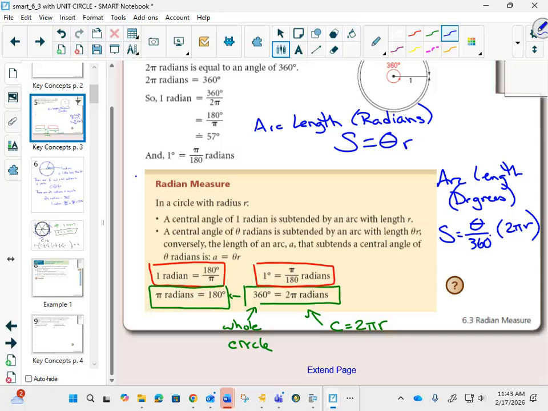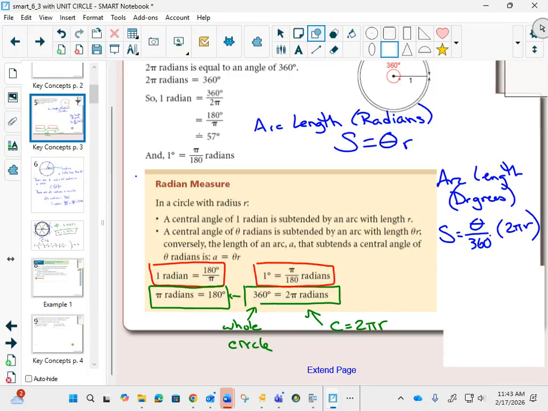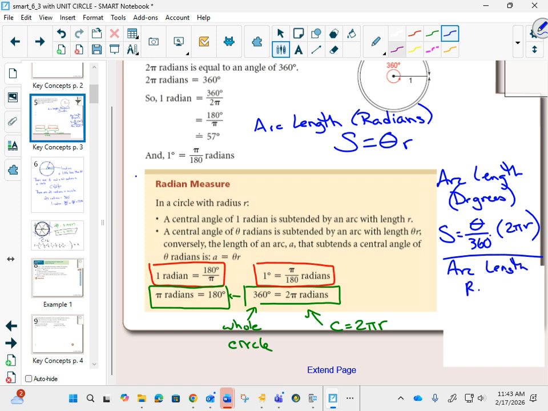And now I can take that formula and change it to radians. It's the same idea, but instead of using 360 degrees, 360 degrees is equal to 2 pi radians. So this is the formula for arc length in radians. All you did was change the 360 degrees to 2 pi radians, because that's the same.